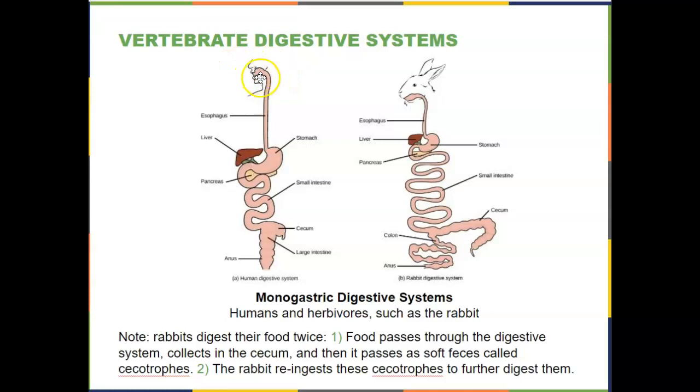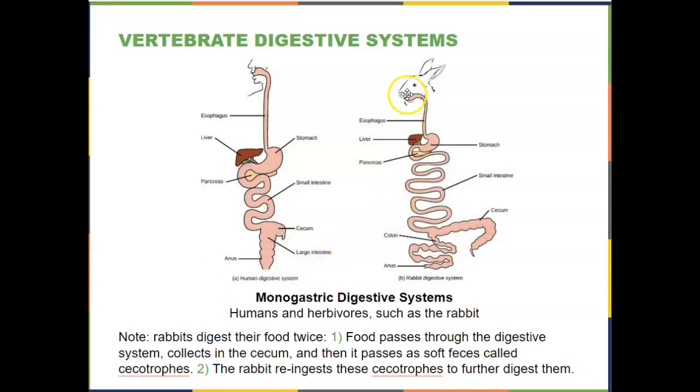There's a mouth, there's an esophagus, which is a muscular tube leading to a storage container, the stomach, and then a winding set of intestines, small intestines, a receiving chamber called a cecum, and then large intestines, and then finally an anus at the end of the system right here. This has been terrifically simplified, but it gets the major components of it.